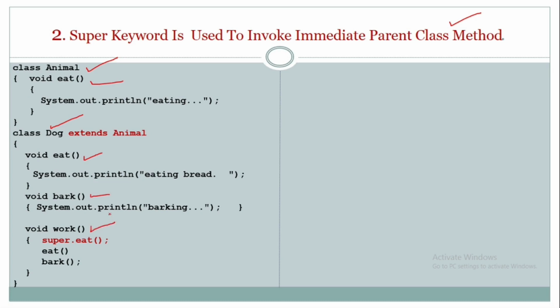As you can see here, super.eat will call the superclass method. Even in the subclass I have a method called eat, and the superclass also has a method eat. So to call the superclass method, I can call it using the super keyword. Then it will call eat and bark. Now let me create an object of class Dog.